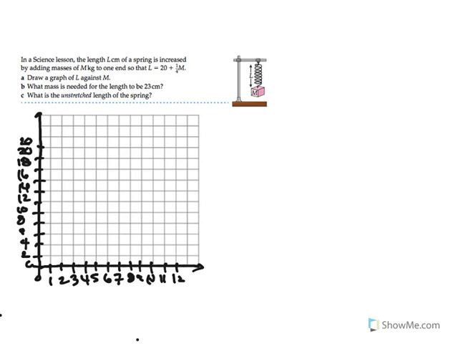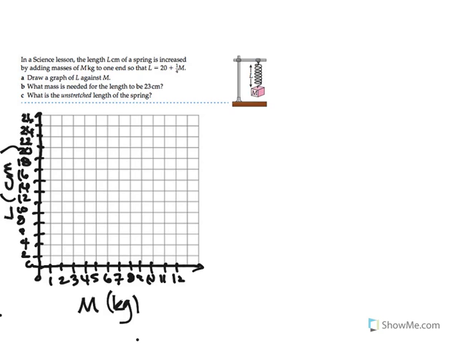This is a little tricky to write on here. 22, 24, and 26. Make sure you label which each side represents. M to represent kilograms, and L to represent centimeters, length.